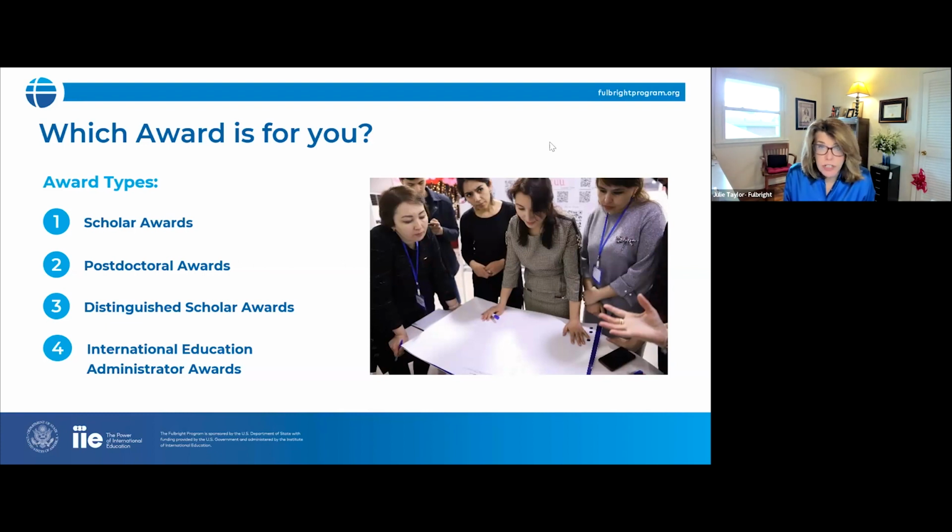There's distinguished scholar awards, and while men and women tend to apply in even numbers to the program as a whole, what we find is that in the distinguished scholar category, we have more male applicants than female applicants. So, ladies, please look at these distinguished scholar awards and consider applying.